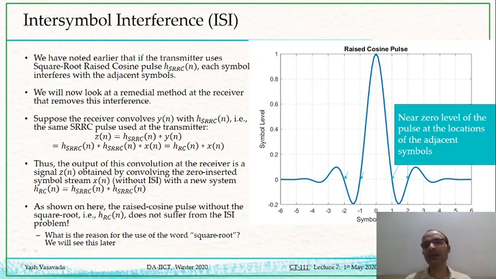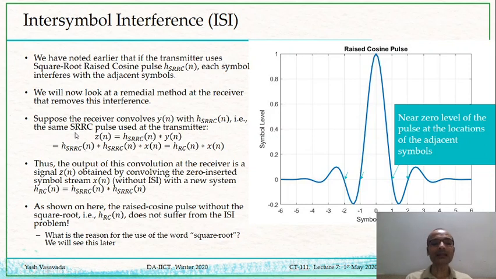It's almost as if you added Gaussian noise to each transmitted symbol, except this Gaussian noise is coming from your own design. So you better improve your design so that you don't end up introducing this extra Gaussian noise. So how to do that?